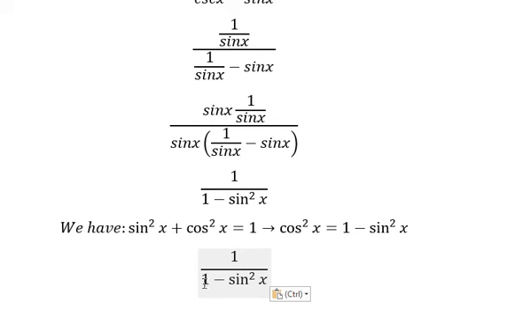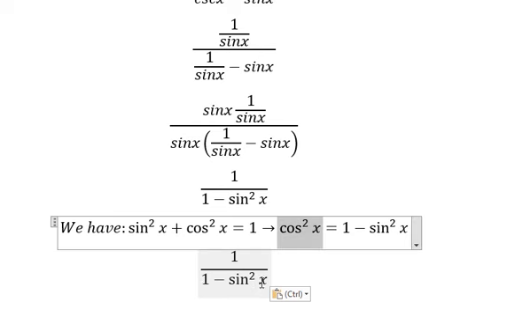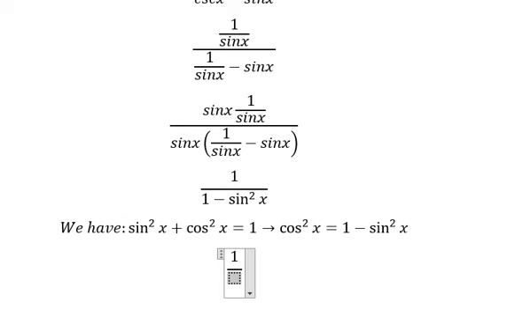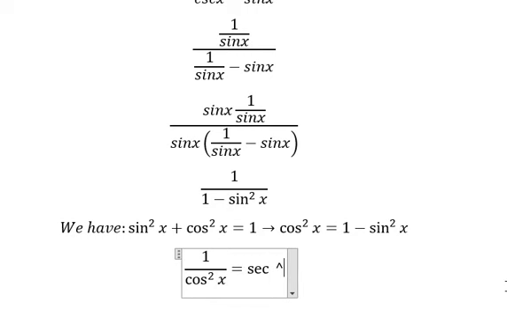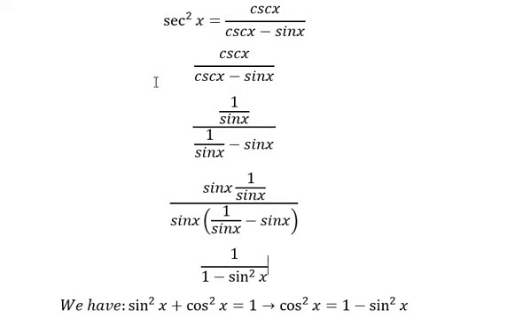We need to change 1 minus sin s squared into cosine s squared. And we know that 1 over cosine s is secant of s. So we have the power 2, and this one is secant of s squared. And we just finished question number 2.